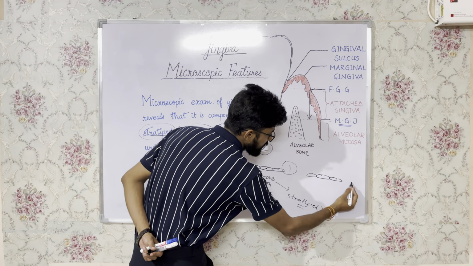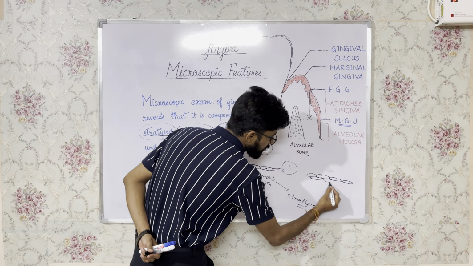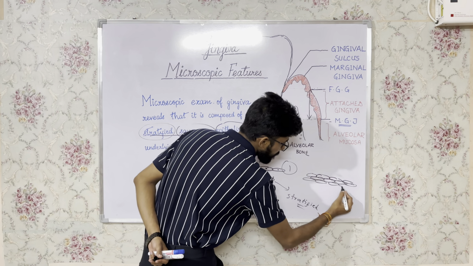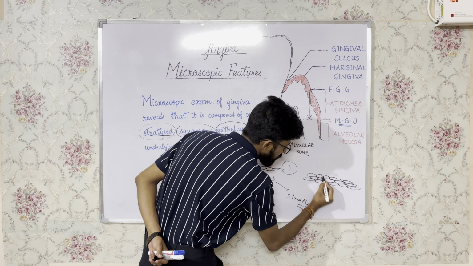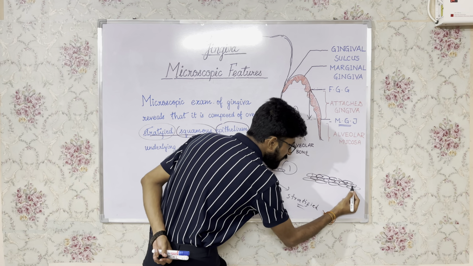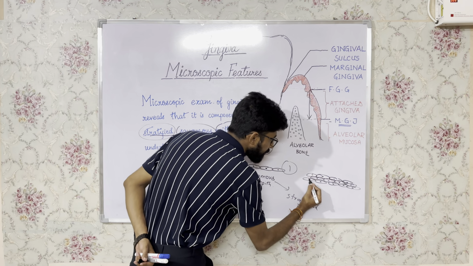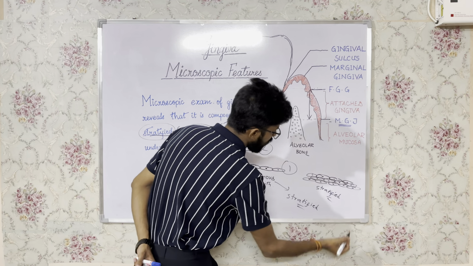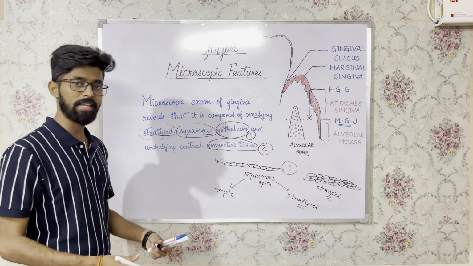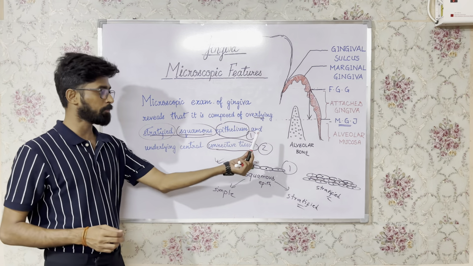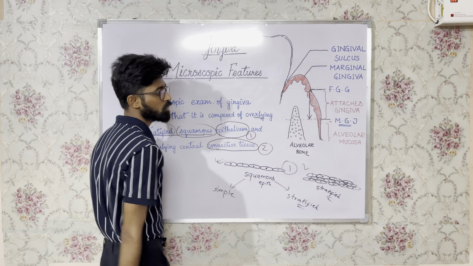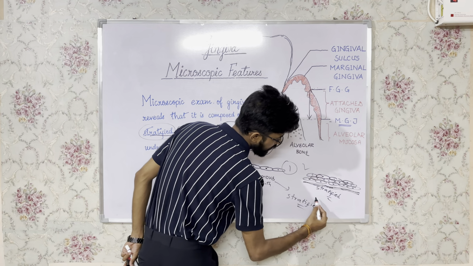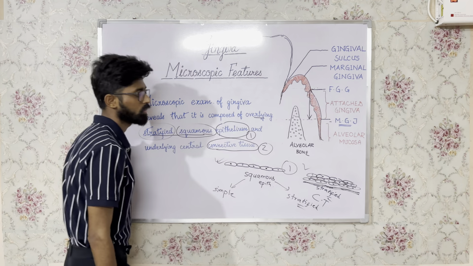But if it is like this, one layer, another layer, then another layer, this is called stratified squamous epithelium. So as of now, microscopic examination reveals gingiva is composed of overlying stratified squamous epithelium. After that there is a basement membrane, and then there is the central connective tissue.